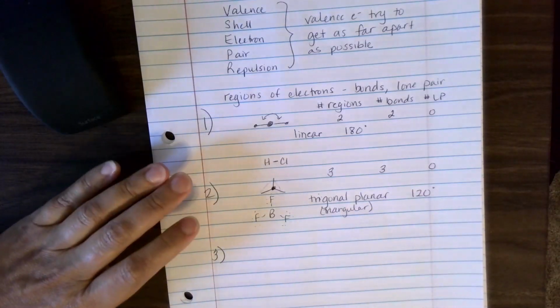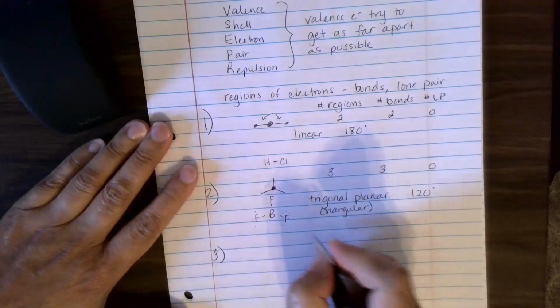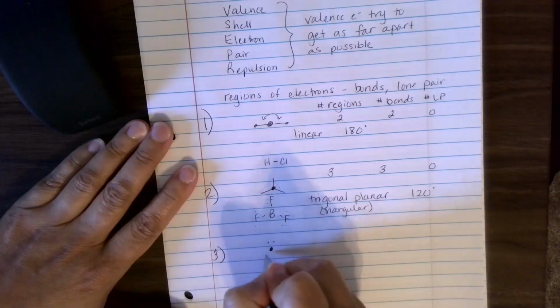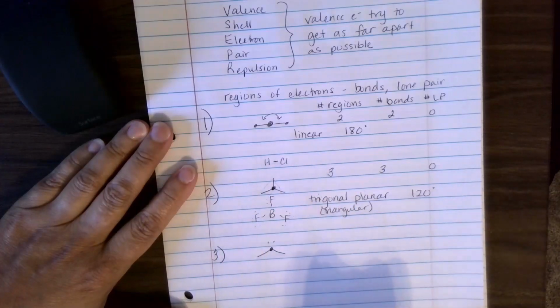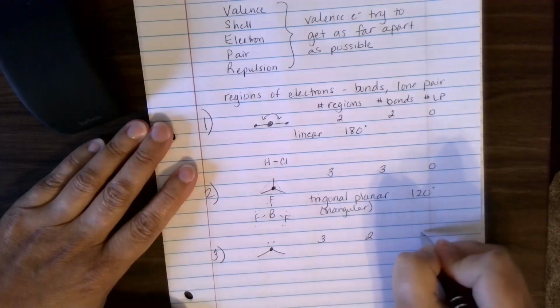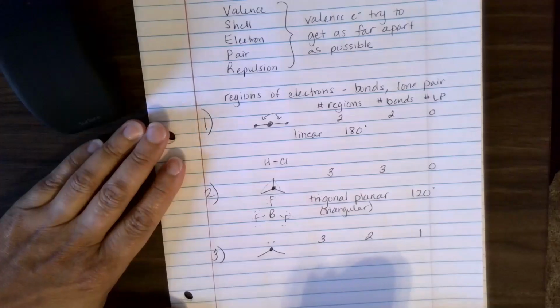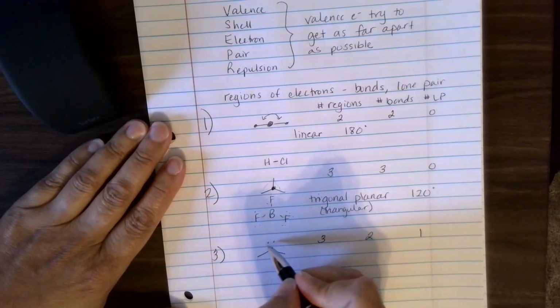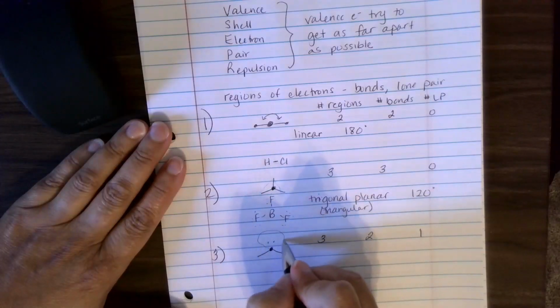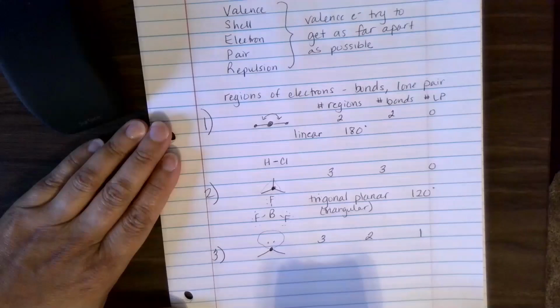Okay, so I'm going to stick with three regions, but now what's going to happen is on this central atom, I'm going to have a lone pair and two bonds. So I still have three regions, two are bonds, but I have one lone pair. Now, lone pairs take up more space than a bond. So like these are big, they take up a lot of space, like a big balloon up there.